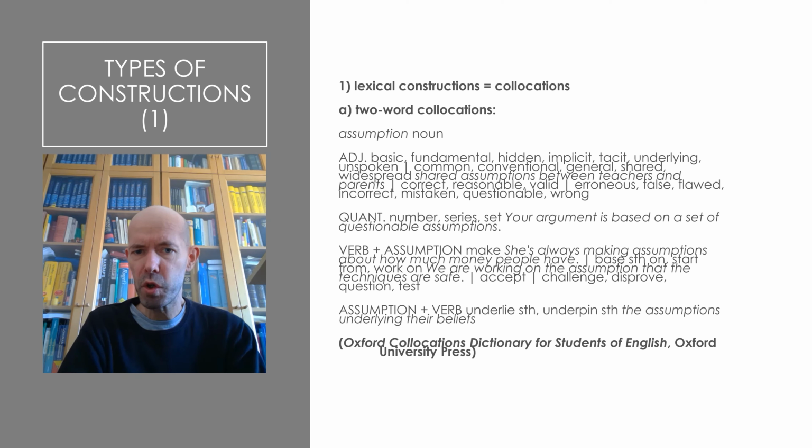One where assumption is the object of the verb, so it follows the verb. We get things like she's always making assumptions about something, or you work on an assumption. And those collocations where assumption precedes the verb. So for instance, an assumption underlies something. In German that would be eine Annahme liegt etwas zugrunde.